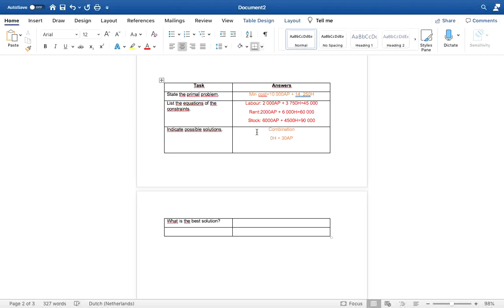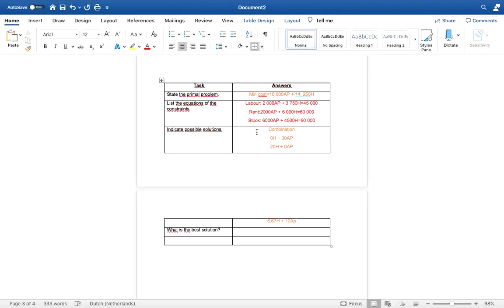And then the next one was 20H plus 0 AP. And then the third one is 6.67 H plus 10 AP.